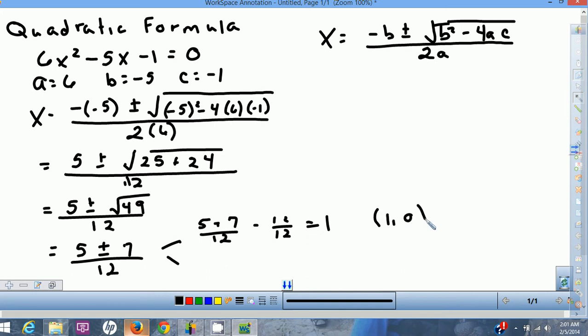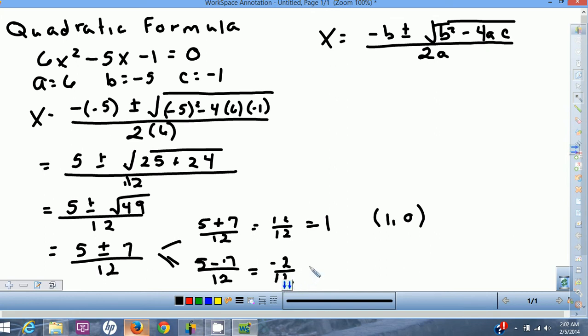I have to take into account that that was a plus or a minus, and therefore it could have been either solution. And when I do 5 minus 7, I get negative 2. And so negative 2 over 12 simplifies to negative 1 over 6. My next solution then is therefore negative 1 over 6, 0.